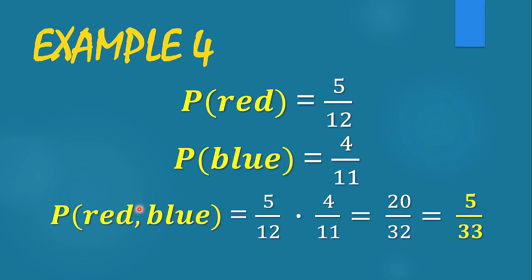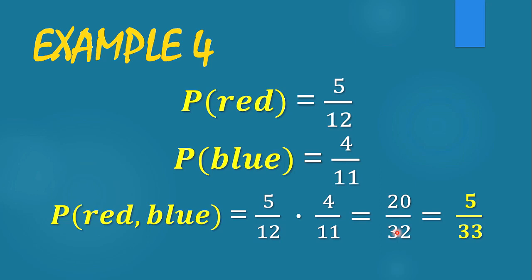So the probability of a red marble, then blue, will be 5 over 12 times 4 over 11. So that is equal to 20 over 132.